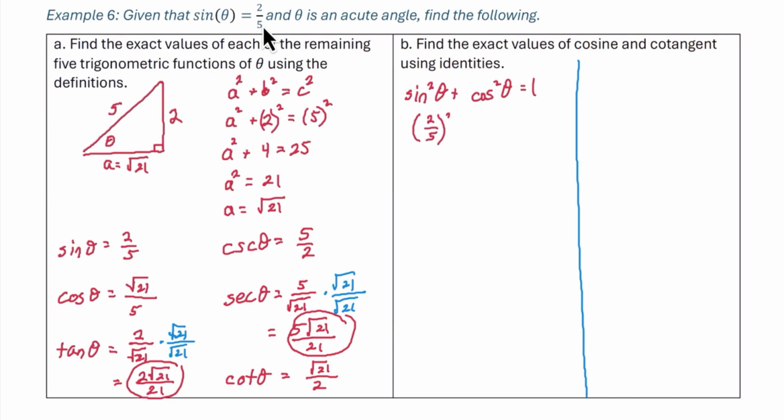2/5 squared plus cosine squared theta equals 1. That will be then 4/25 if we square the 2 and the 5, plus cosine squared theta equals 1. Next we'll subtract 4/25 on both sides. 1 minus 4/25.